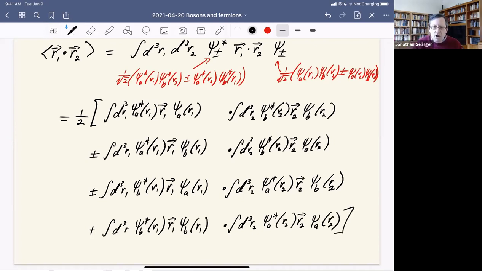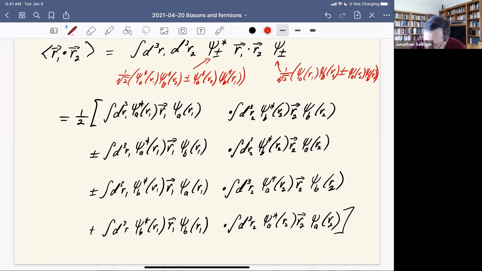Okay, so here are all the terms. Now we just need to interpret them, figure out what they mean, and figure out if any of them are 0. So let's think about the first line first.